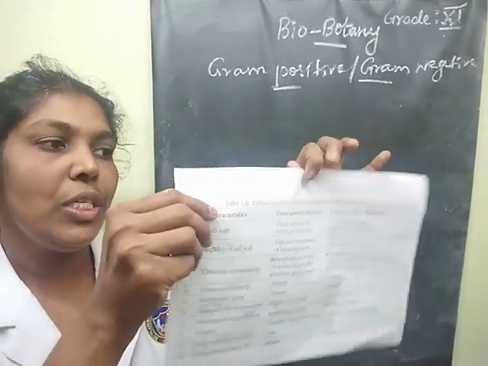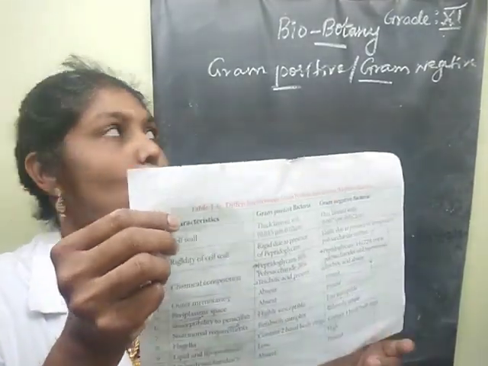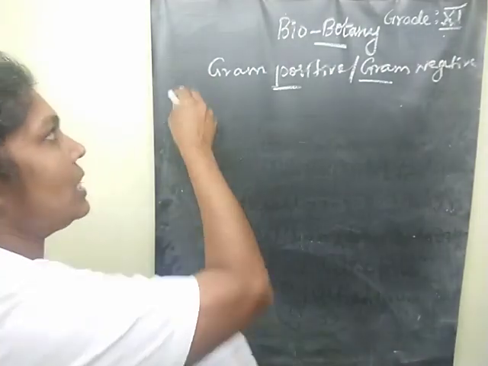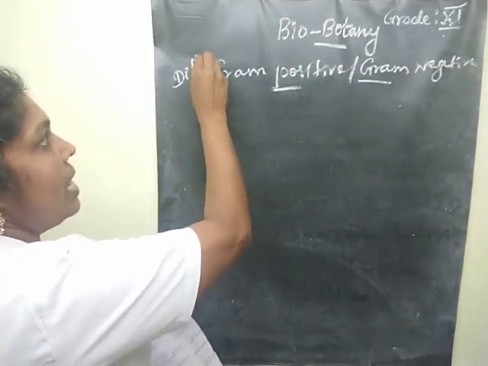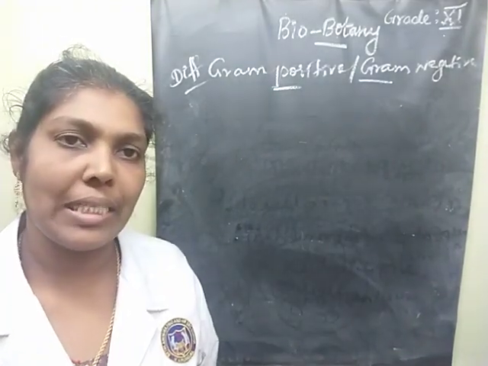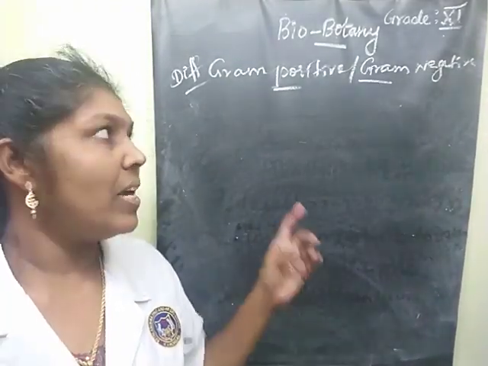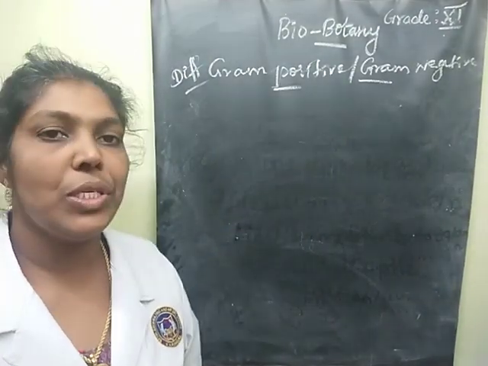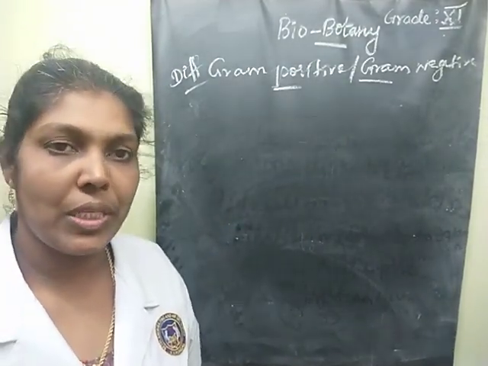Understood, children? This is one tabular column of the difference between gram positive and gram negative bacterial cells. This is very important, one of the 5-mark questions, children. All should cover this question.